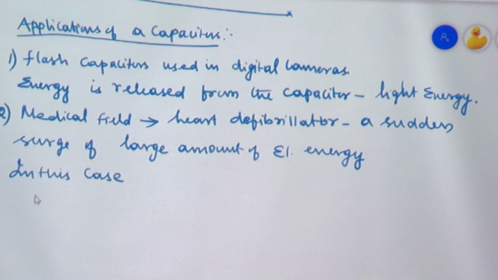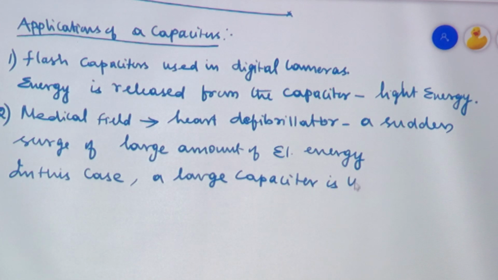In order to liberate a large amount of electrical energy, a large capacitor is used. The large capacitor is initially charged. When that large capacitor is discharged, it can produce a large amount of electrical energy.